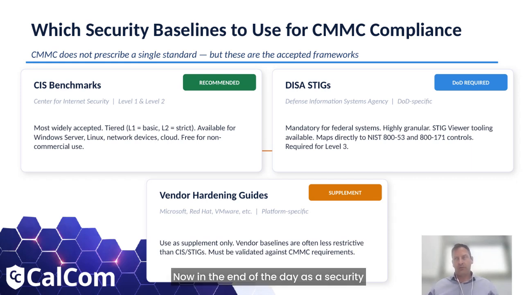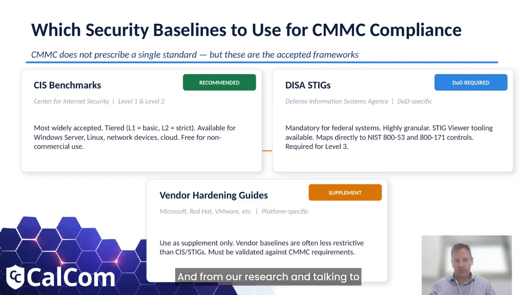Now, at the end of the day, as security and IT infrastructure teams, we will need to work with a baseline. The fact that we need to work with a baseline doesn't mean that we need to invent one for ourselves or come up with something and perform the research. It is better to use what is already available out there in the market.